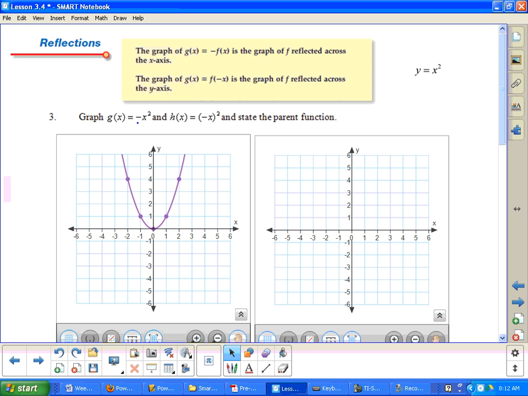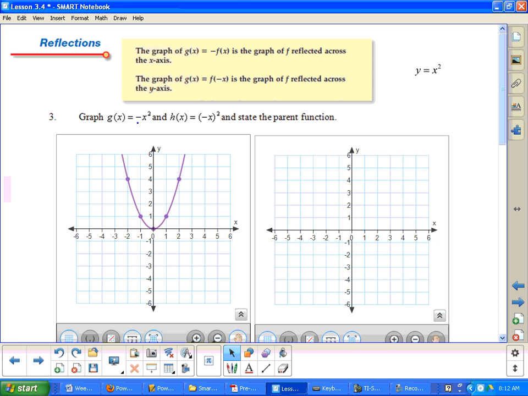So if it's outside the function, it affects the whole thing, or it affects the y values. If it's inside, it affects the x values. All right. Number 3, graph g of x equals negative x squared. So this means all my y values, because it's in front of the whole x squared, are being affected.